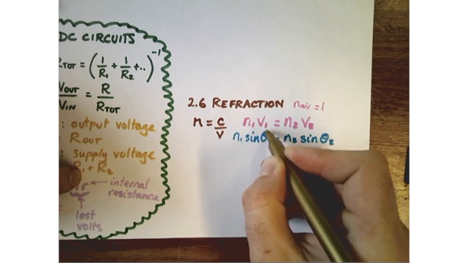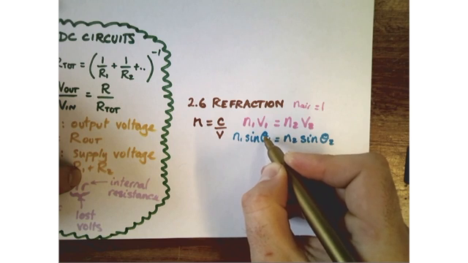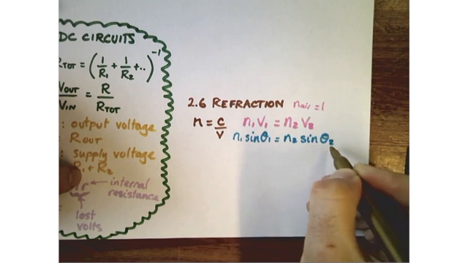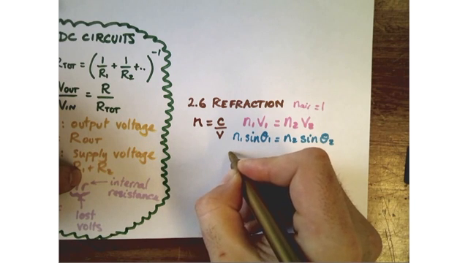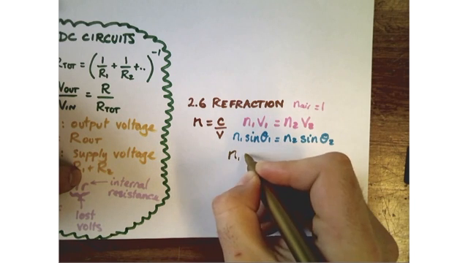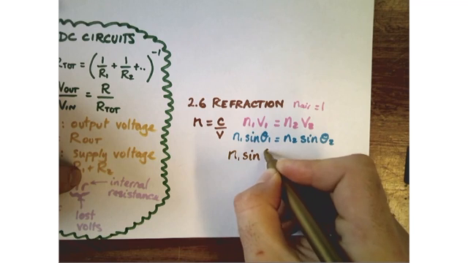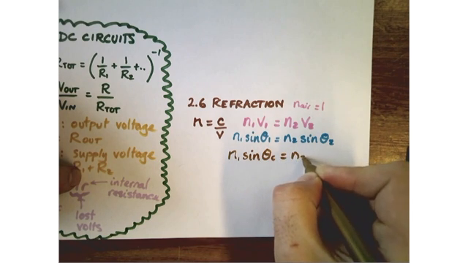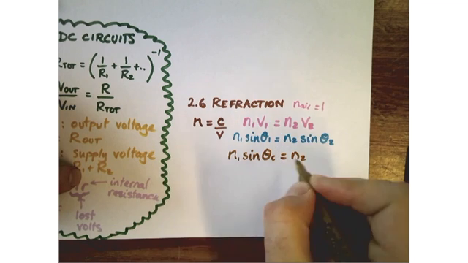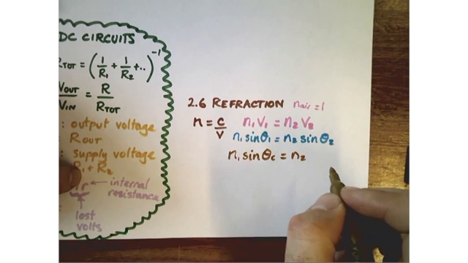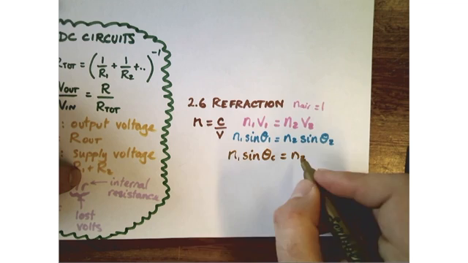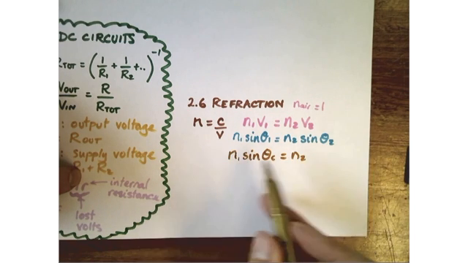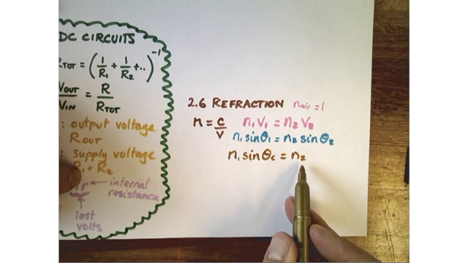Theta 1 is going to be the critical angle, in which case theta 2 is going to be 90, so sin theta 2 disappears, so it becomes N1 sine theta c is equal to N2, and then you can rearrange that to get theta c equals sine to the minus 1 of N2 over N1. So it's always going to be a ratio of these refractive indices.